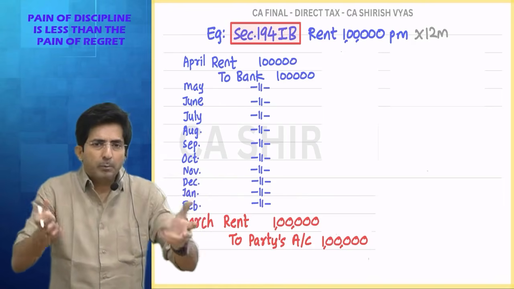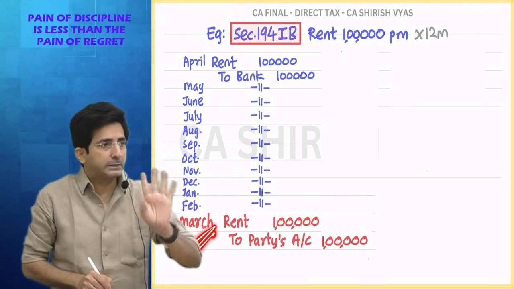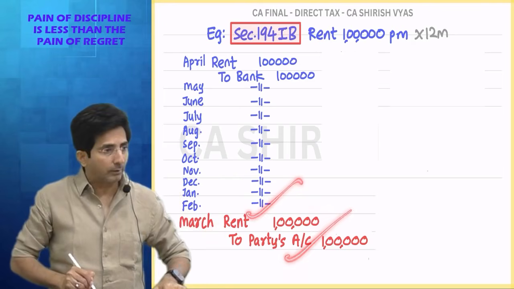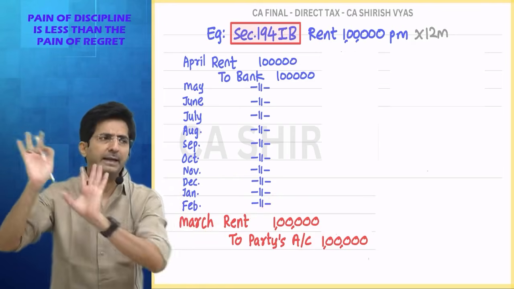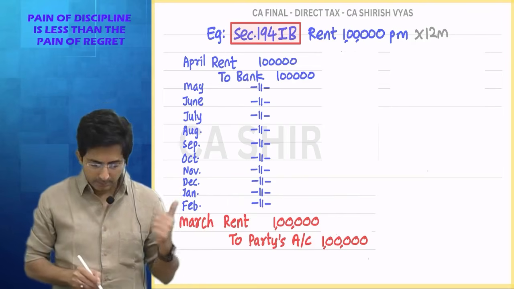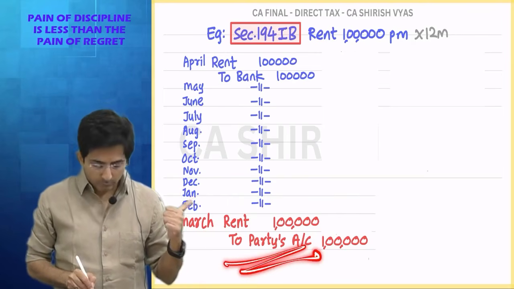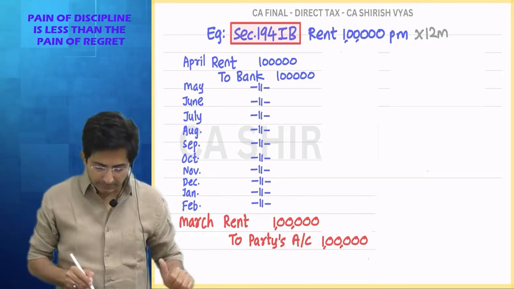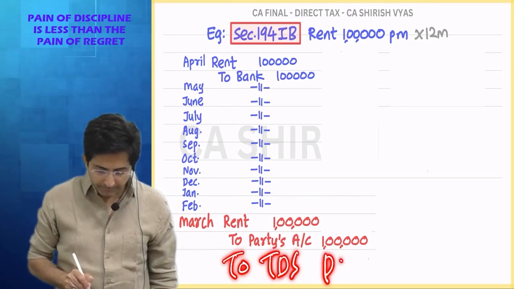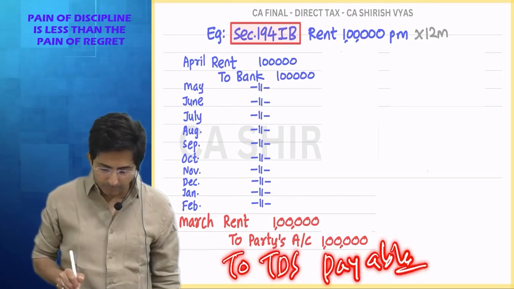So just to create the importance, I am assuming rent of March is outstanding. So for the outstanding rent, what is the entry? Rent to party's account. And the actual payment was done later. So what is the rule? Whichever is earlier. So what is coming earlier? Party's account credited. So now TDS should come. Means in this entry I have to write to TDS payable. Tell me what will be the amount of TDS?